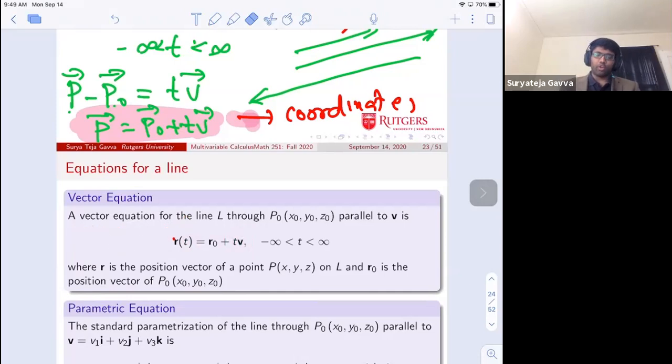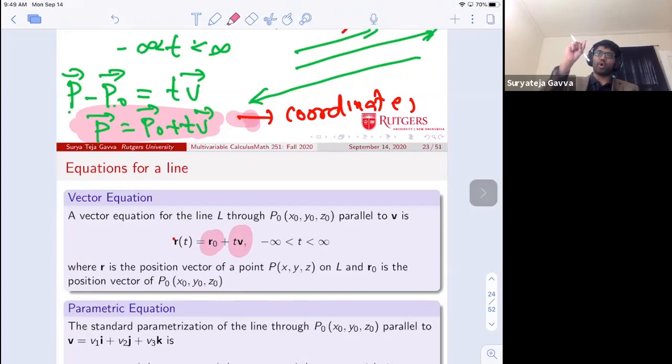If you want to find the equation for a line, it's basically the point that you have, which is basic point P0 or R0, plus T times the direction. That gives you all the points on the line.